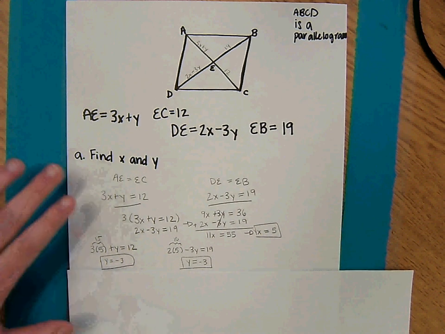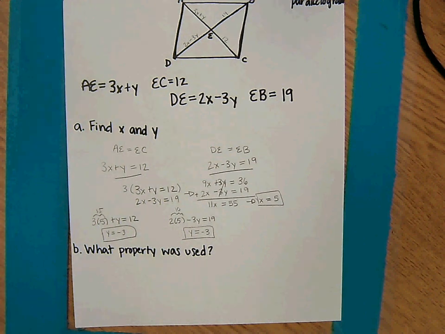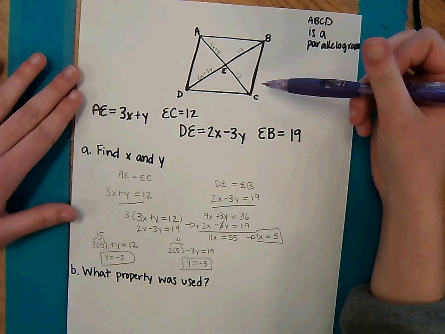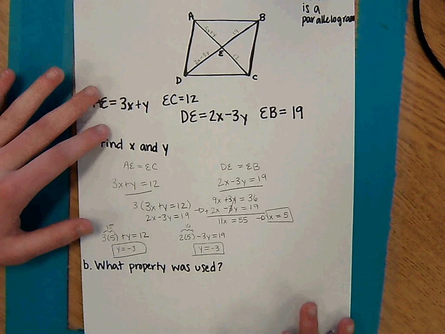Now, the last part of this question is, what property did we use? Well, we stated as we were going through this that diagonals bisect each other, which cuts them equally in half, making each part of the diagonal equal.